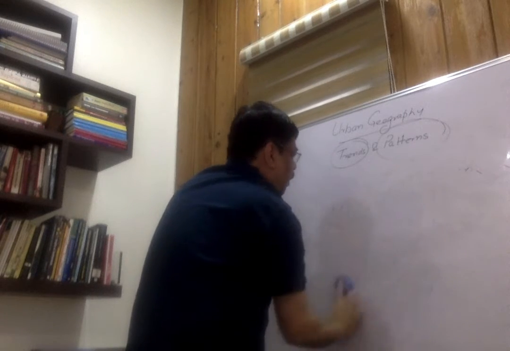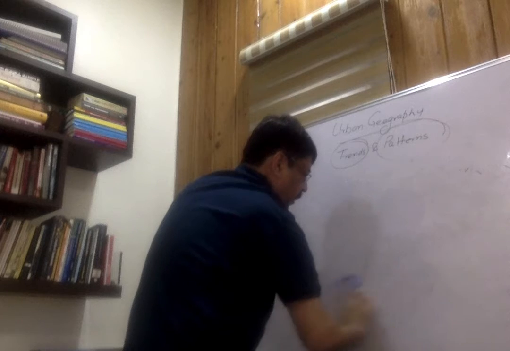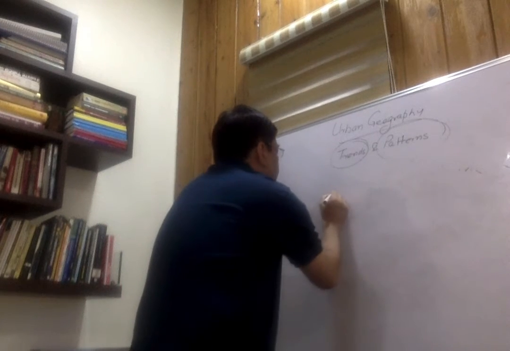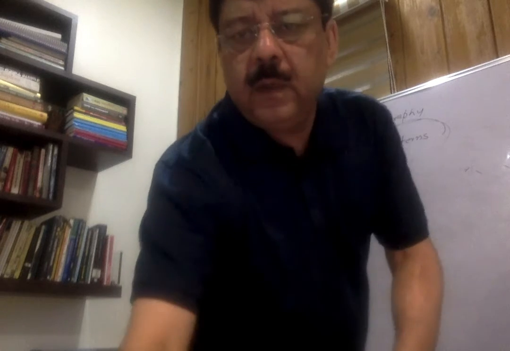If you cannot see the board, please tell me. I will adjust the camera. It's not visible properly. So wipe the lens once. I think it's getting blurry. Why is it getting blurred? Now it is to some extent clear.